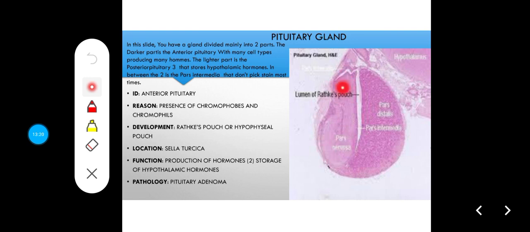The hormones majorly secreted by the posterior pituitary include oxytocin and vasopressin, while the hormones secreted by the anterior pituitary include TSH, which is the thyroid stimulating hormone, the growth hormone, the adrenocorticotropic hormone, the prolactin, and the gonadotropins, FSH and LH.